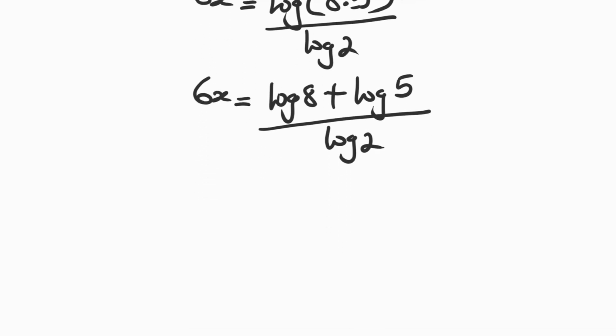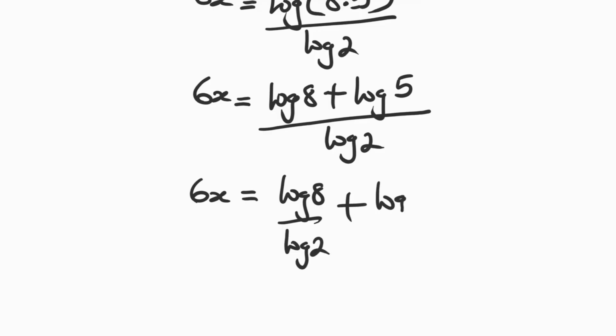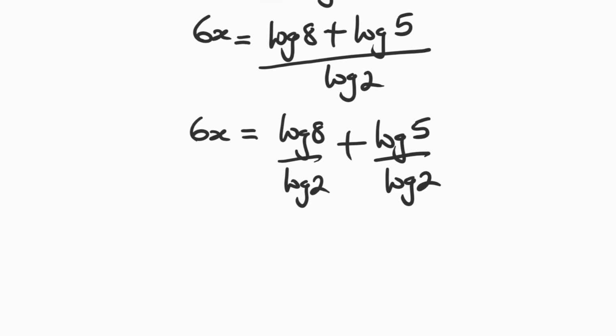So now let us separate them. We have log of 8 divided by log of 2 plus log of 5 divided by log 2. This is just another way of rewriting the earlier step, because if we find the LCM of log 2 and solve it again, we'll still have log 8 plus log 5 divided by log 2.